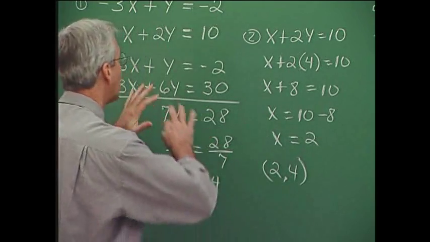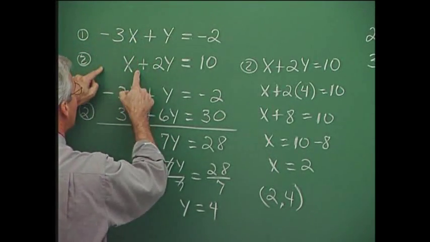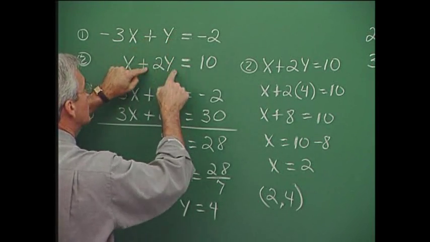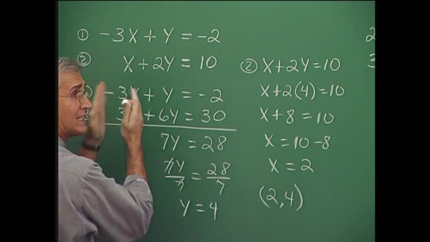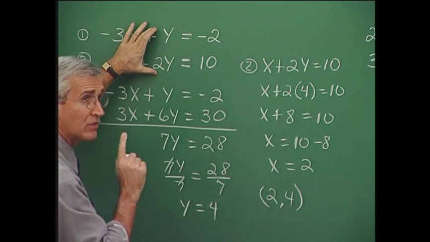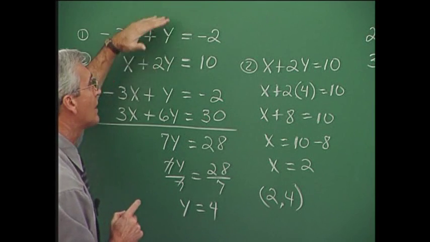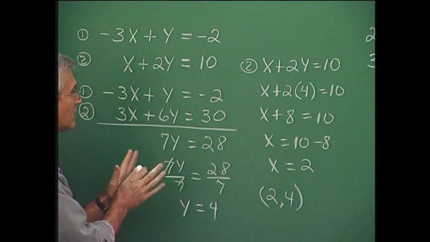Now remember, the concept here is to look at the coefficients of the x's, look at the coefficients of the y's, select one pair of those coefficients to attack, and try to make the coefficients differ by sign only. And then you can add the equations and that particular letter will go out of the system.